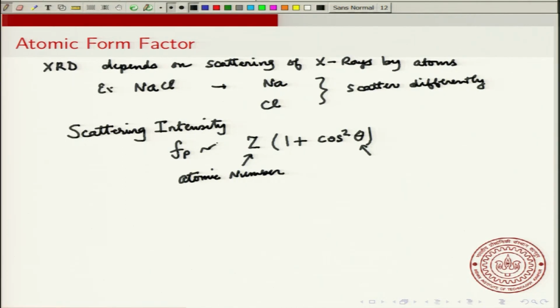Since it is approximately linearly proportional to Z, what you can say is that lighter atoms scatter less, and hence they are hard to detect.